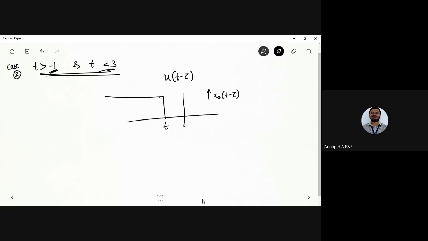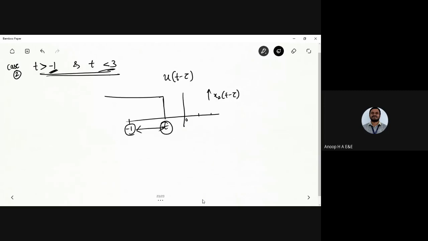The overlap region would be, from what we did in the first case, where we had t less than -1, the limit from -1 to t. Are you getting this step? Very important one. This forms a very important step. I know that you have values 0, 1, 2 and 3, and so on.